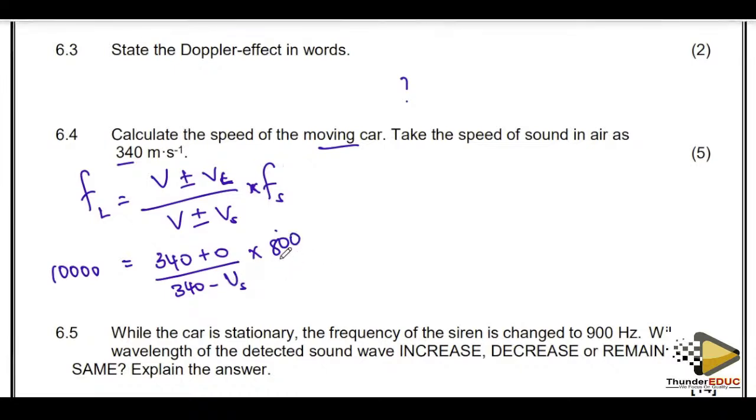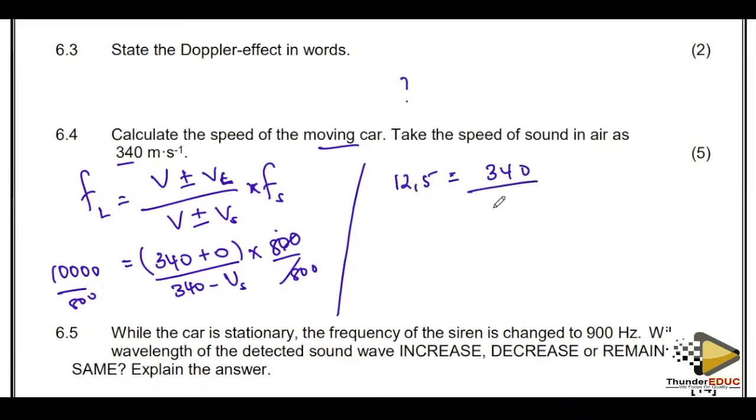Then I'll do my magic. Start by eliminating the 800 over 800. That cancels. So I have 10,000 divided by 800, which gives me 12,5, is equal to 340 over 340 minus Vs. Do the cross multiplication. That's 340 minus Vs times 12,5 is equal to 340.